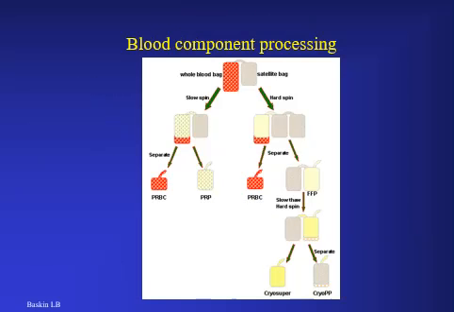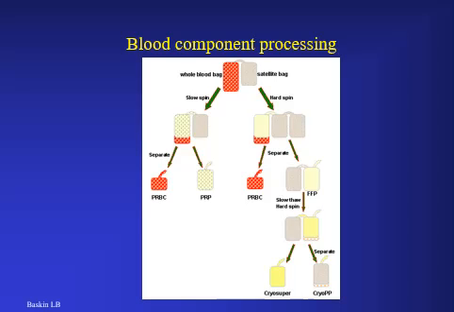Now, when blood is collected, it needs to be processed fairly rapidly, and it is use of a centrifuge to separate the red blood cells from either the platelet-rich plasma or the plasma, and the platelets will be separated, and the plasma then needs to be frozen fairly rapidly in order to maintain the integrity of the clotting factors.